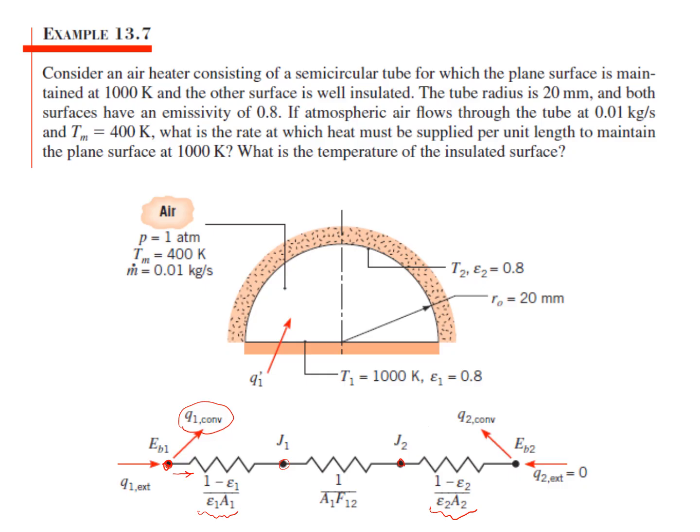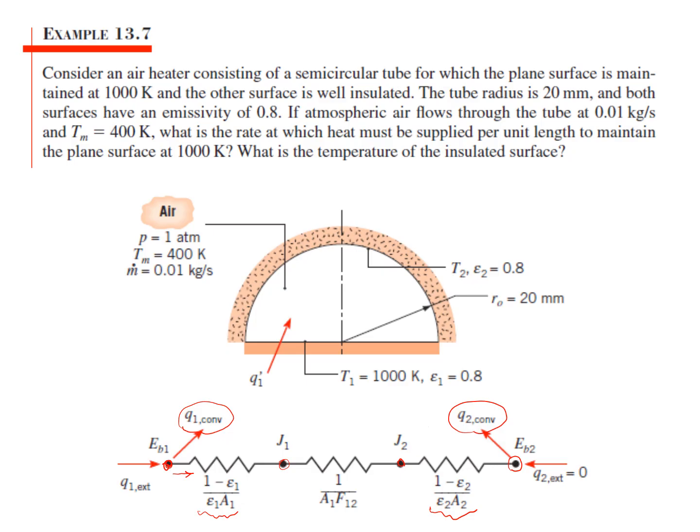So it's not just the heater that is losing heat to the air through convection, it's also the semicircular tube side, the curvy side of this tube as well. So then I know that on the other node, surface 2, I'm also going to have some convection heat transfer. And that does make sense to me in a way, because the radiation from surface 1 to 2 can't pass through surface 2. It has to go somewhere.